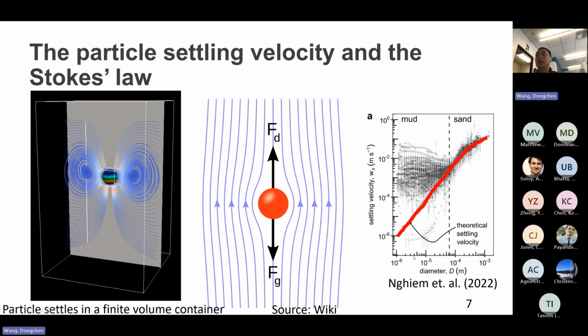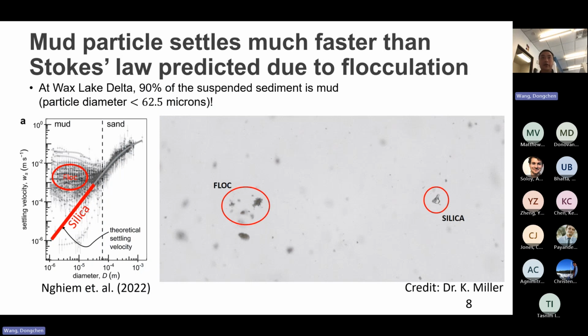If we plot these two axes onto the diagram on the right, it will collapse onto this red line. This red line is called Stokes law. It is a function of sediment diameter and settling velocity. But in field observations, it is not entirely true to use Stokes law to predict the sediment settling velocity.